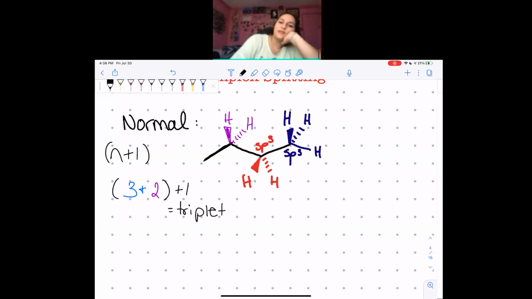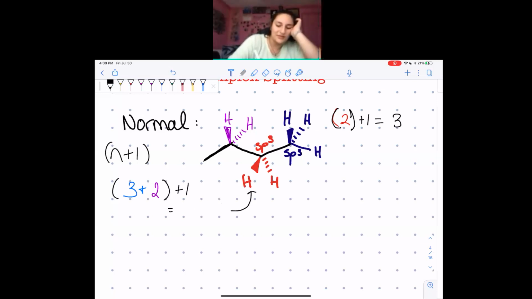And then if we do this for the blue hydrogen, we see that these blue hydrogens have 2 red neighbors. So we have 2 plus 1 equals... Oh, I'm so sorry. This is clearly not a triplet. I was thinking about this one.